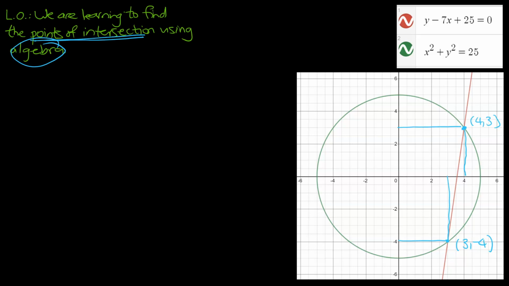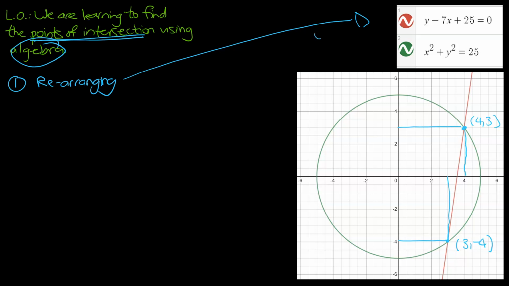So the first step is normally to do with rearranging. If you have a look at the formulas over here, we need one of the equations to be y equals or x equals. Sometimes this is easy, sometimes this is hard. But I normally like to focus on the y equals, so that means I can find the x coordinate first.